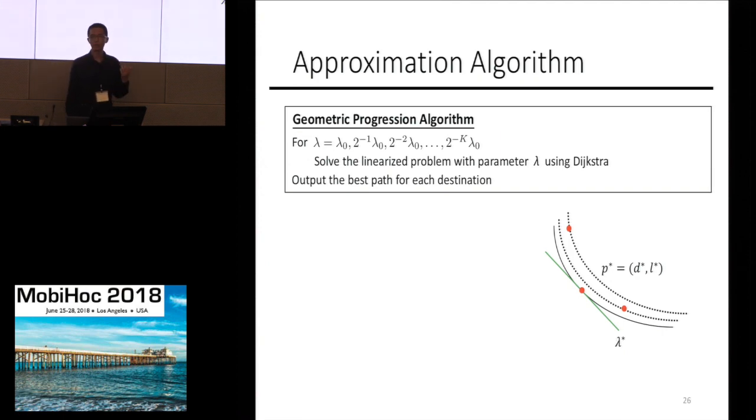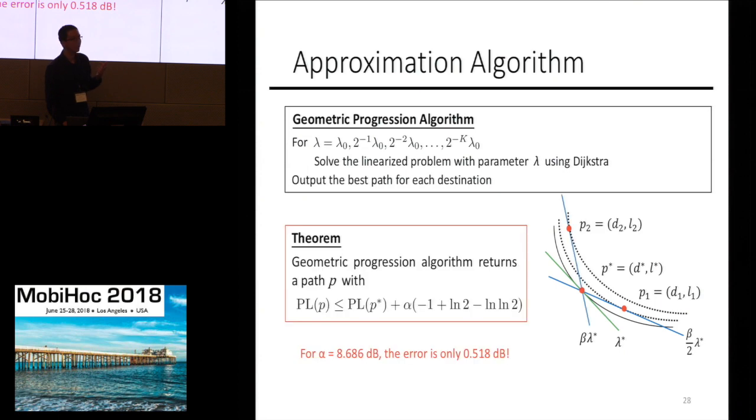However, in the geometric progression algorithm, it's likely that we are not actually solving for this lambda star, but we might be actually solving this one and this one. By geometric progression, it is guaranteed that these two linearized problems do not deviate from this optimal one by a large factor, which means that we are able to derive the error bound based on this idea.